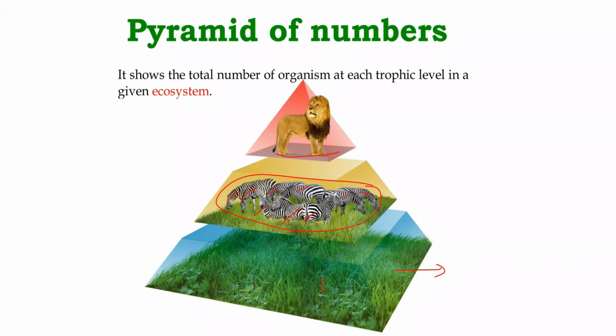So as we see, from thousands it decreases to tens, from tens to 1, in the pyramid of numbers in an ecological system, which we call an ecosystem. Again, as we go from bottom to top, what happened? The number of organisms decreases.